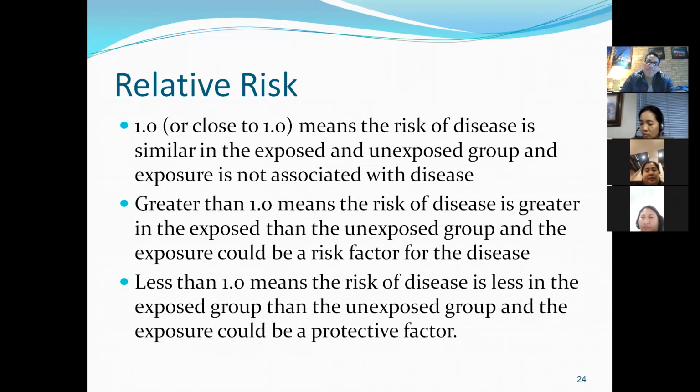So it's all about exposure to fatty foods? Or what is the relative risk of developing breast cancer among women who work night shift compared to those who did not? So the one that's exposed to the risk is exposure to the night shift, and those that are unexposed, those who did not do night shift.